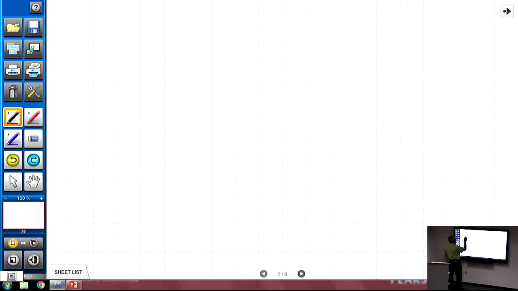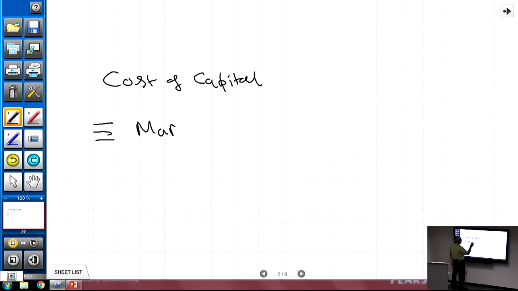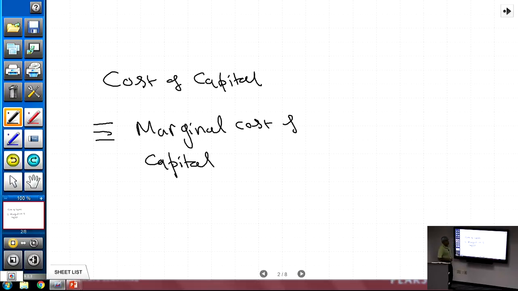So when we are talking about the cost of capital, most often what we are implying is equivalent to saying, what is the marginal cost of capital? Means what? It means what is the cost to the firm for the next dollar of capital that it raises.